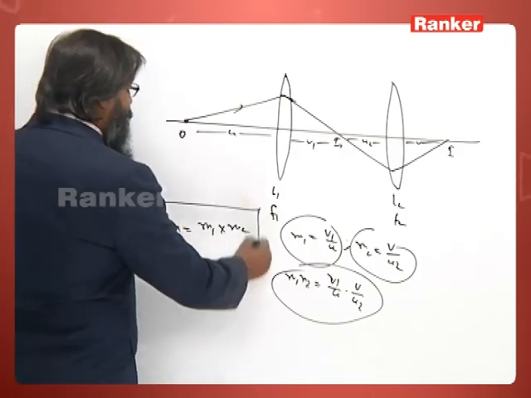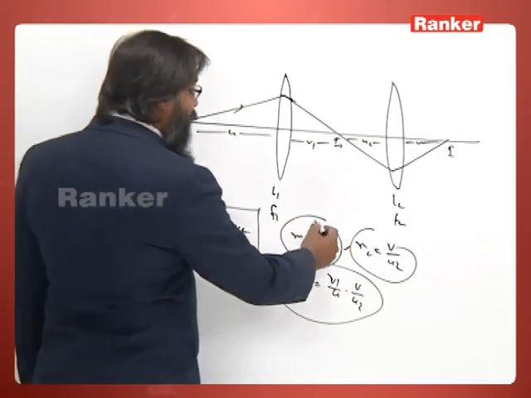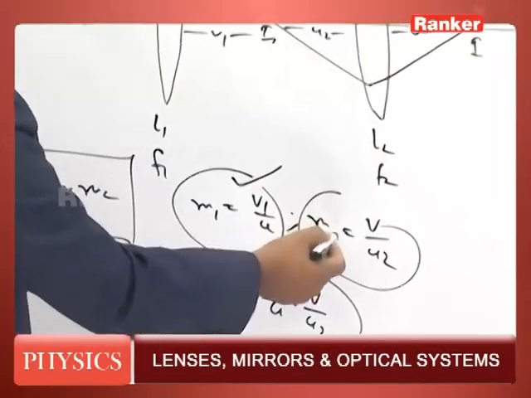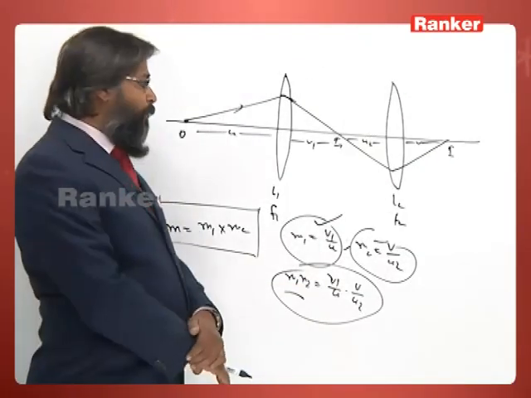This is the standard method we used to follow. We calculate the individual magnifications M1 and M2, and the total magnification is given by the product of M1 and M2.